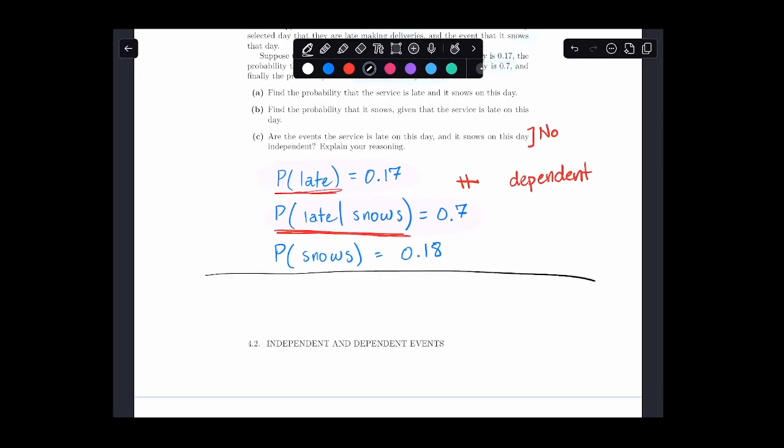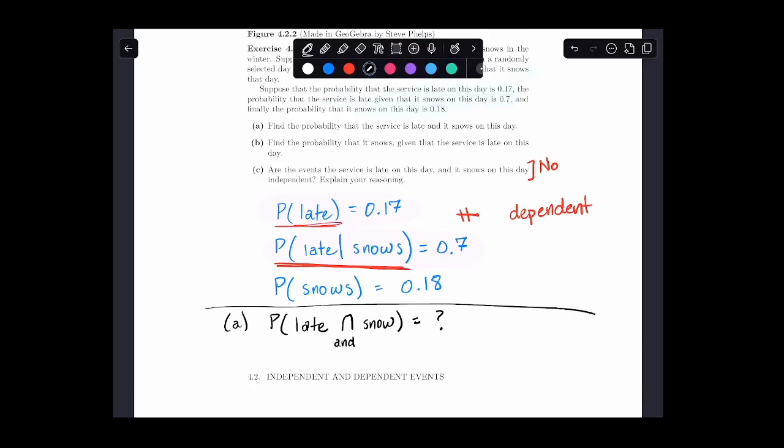So let's see, part A, the "and" means we want to find the probability of the intersection. We want it to be late and snow on the same day. So that intersection is like an "and". So this is the probability that we want to find. And in the last section, we had a formula for conditional probabilities that involved intersections, and that's what we want to use here.